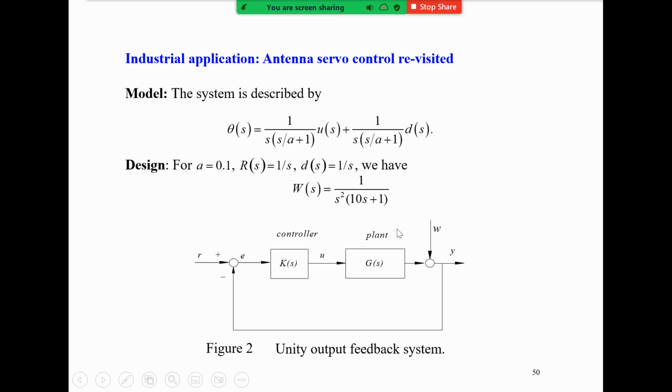Here, remember, this disturbance is in this form, this transfer function times D. But we know in this configuration, the disturbance is just directly added to the output. So therefore, this supposed to be the disturbance we should use. We don't use this little d, we should use this W. It's the combined one.